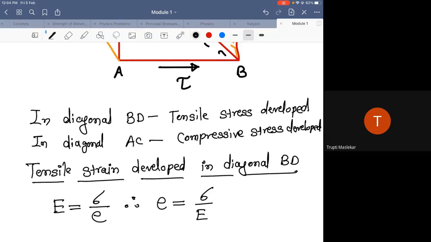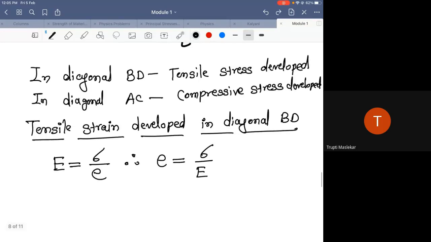But now here, the member or the material is not subjected to direct stress. Sigma is nothing but the direct stress or normal stress. Generally, we use the symbol sigma for direct or normal stress. But in this case, the member ABCD is subjected to shear stress, not direct stress. So in place of sigma, I will write tau because the member is subjected to shear stress tau.